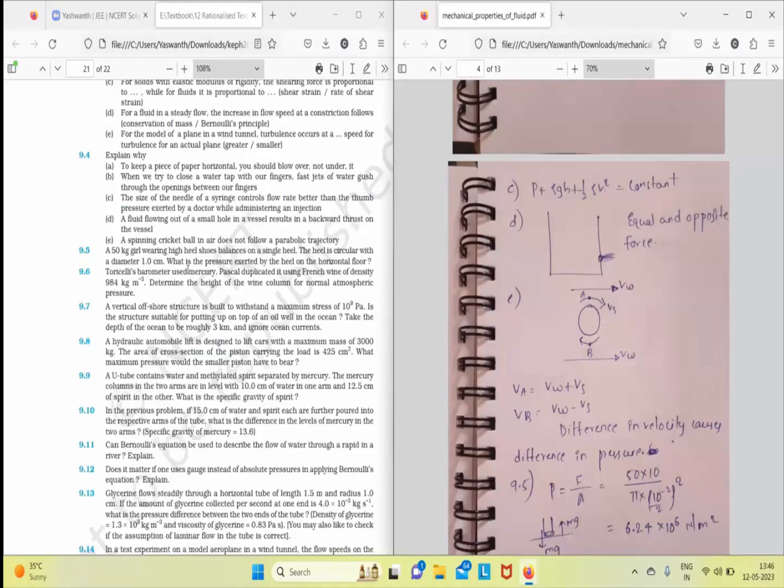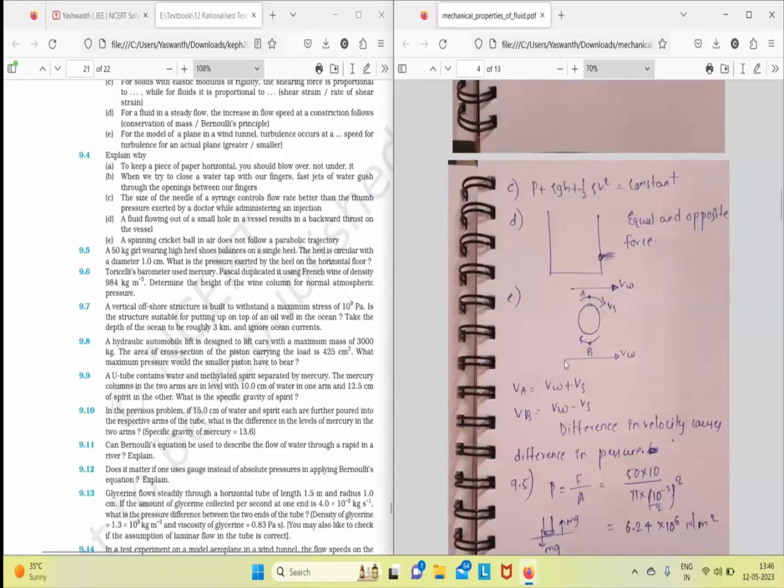What's the reason the ball doesn't follow a parabolic trajectory, but the stone thrown in the air does? Is there any difference just because it's a stone and this is a ball? No. The main difference comes because of the spinning of the ball.